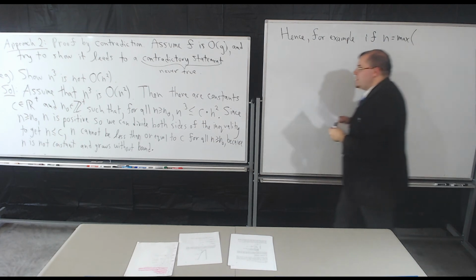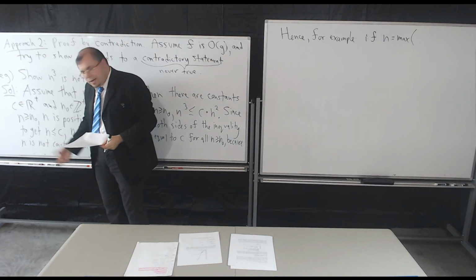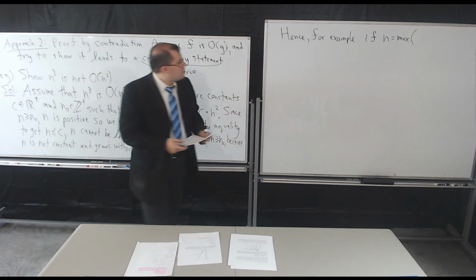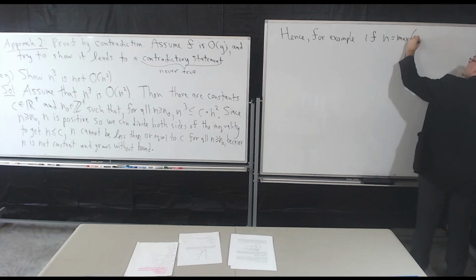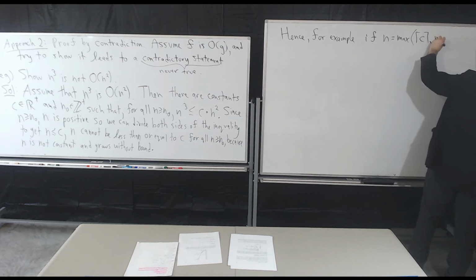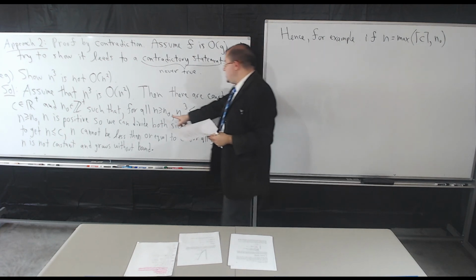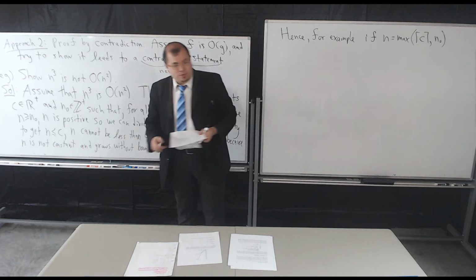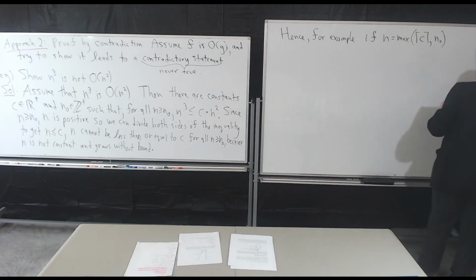Now, remember, c can possibly be not an integer, so I'm going to round it up. And remember, it has to be at least the size of n0, which we know anyways because that's part of our assumptions here. But I just want to make sure I pick the n big enough. And now all I'm going to do is add 1 to this.